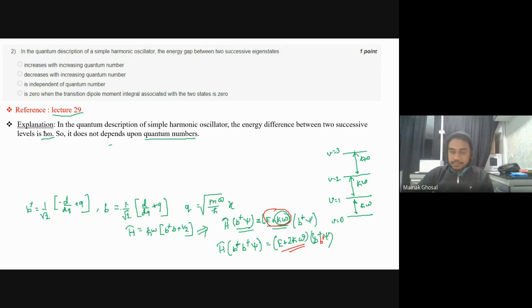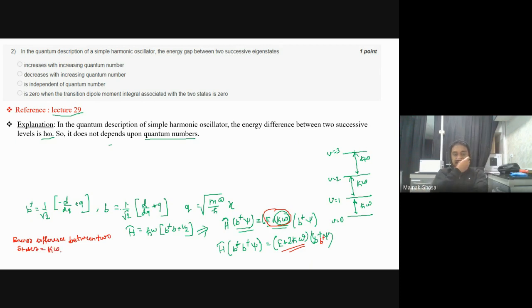So I am writing the conclusion here: the energy difference between two states is always h cross omega.